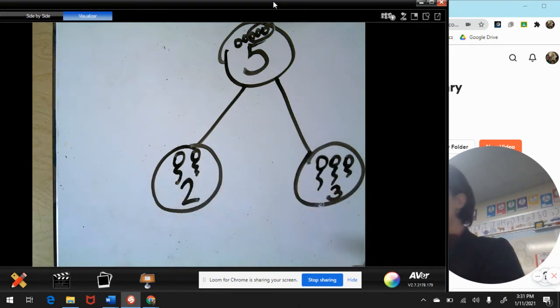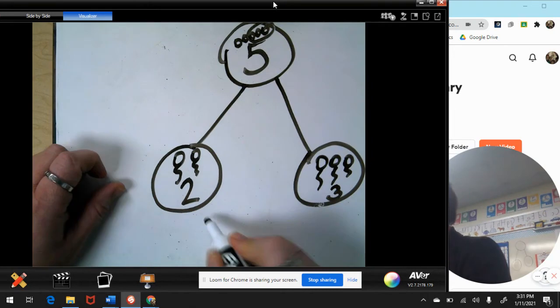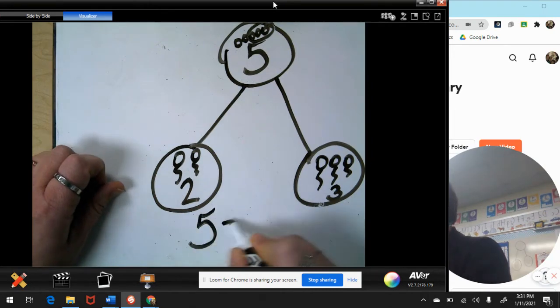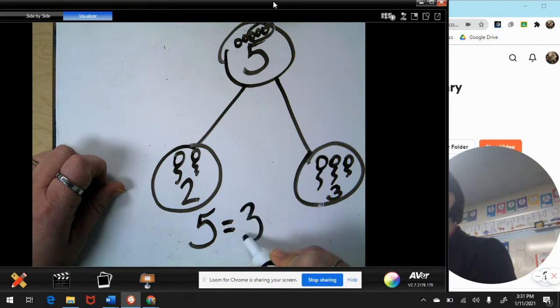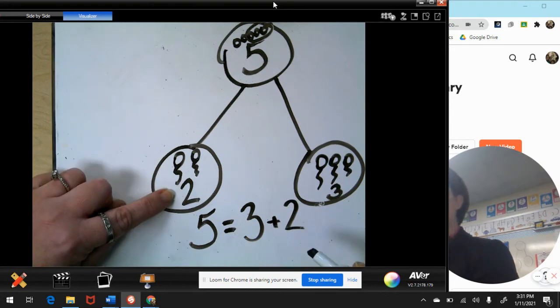So, if I were going to write a number sentence that goes with my number story, I could write, I have 5 balloons total. 3 are red. 2 are blue.